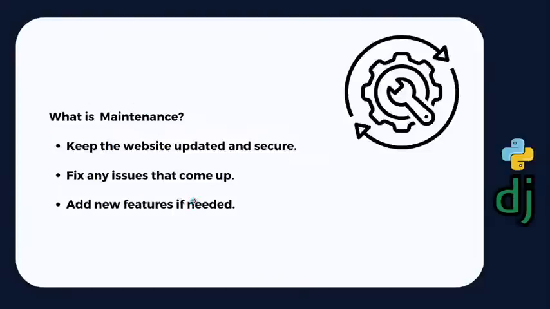After launching, we also add new features. Like Facebook and Instagram, in the starting period they had fewer animations and fewer features, and then upgraded one by one. The same thing applies: if you launch a website live, we need to update new features if needed, based on the client requirement.